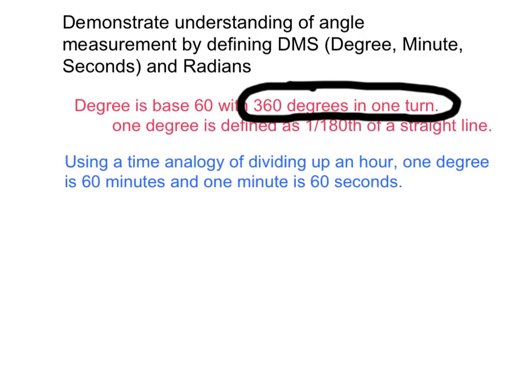More importantly is the definition. So we're defining this as 1/180th of a straight line. So we got the straight line thing regardless of how many around in a circle. So you got 360 in a full circle, and we'll get into the details of that here shortly.